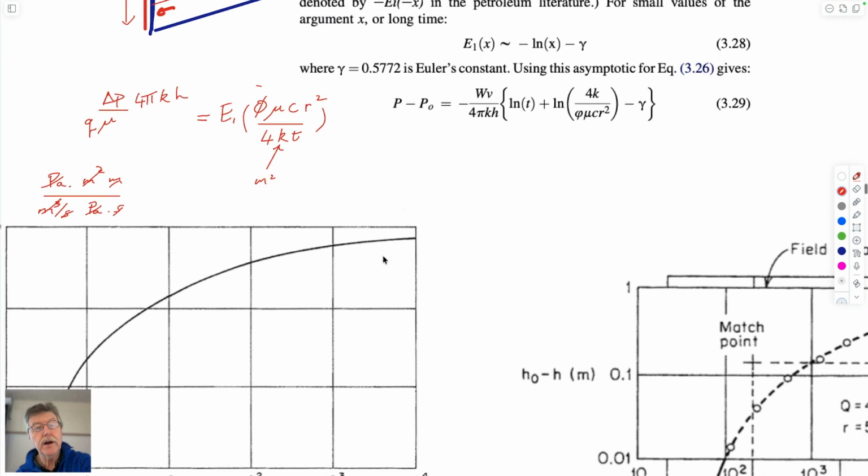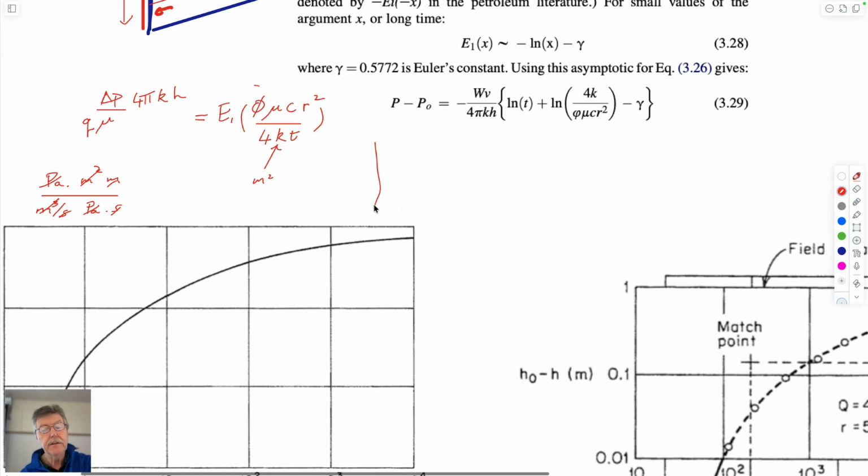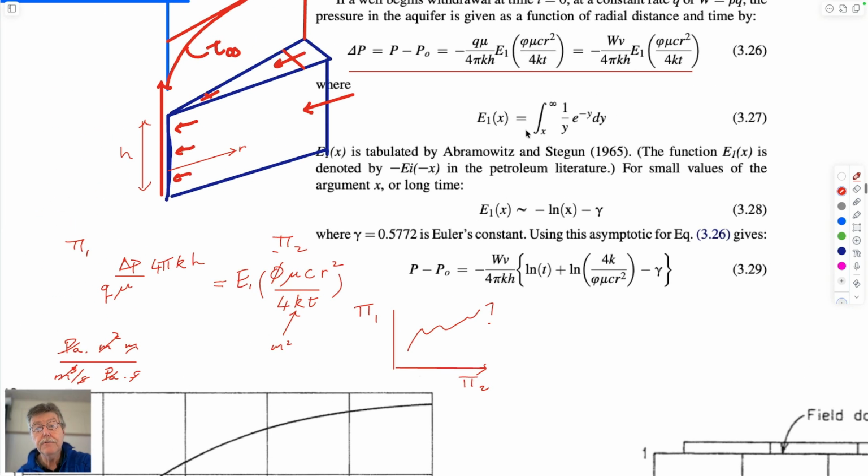And so you could describe this behavior by a graph, if this is pi 1 and this is pi group 2, then you could plot pi 1 versus pi 2, and you'd end up with a single curve. You don't know what that curve looks like, but if you can solve this, the actual solution is a function of this exponential integral. Doesn't matter what that is.